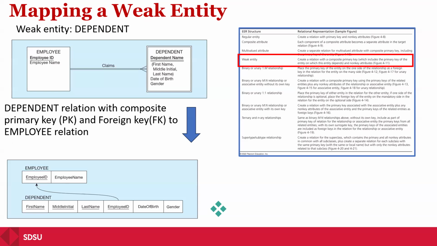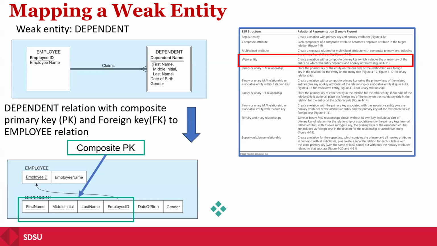So in this case, if you look at the diagram above, on the employee side, employee is the one side of relationship, and one employee can have many dependents, and dependent is the many side of relationship. We have a crow's foot here on the dependent side. So when we add this employee ID to the dependent relation, we draw the arrow from foreign key to primary key.